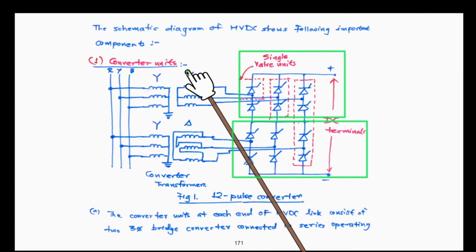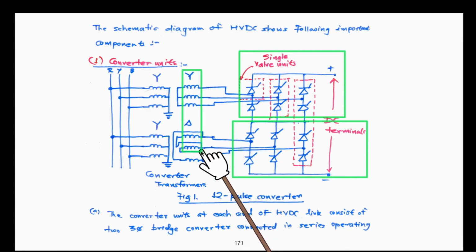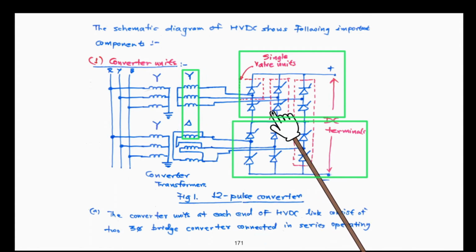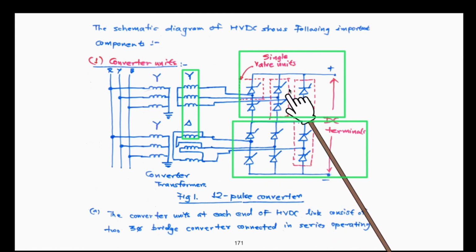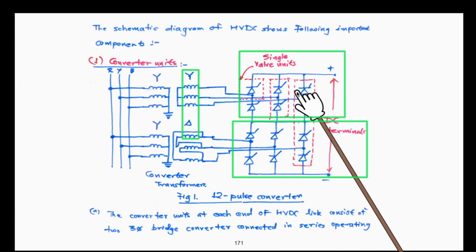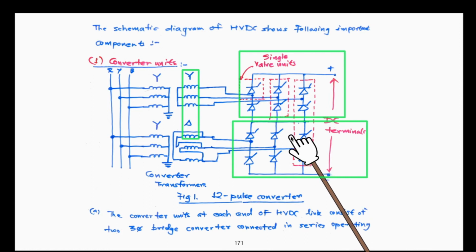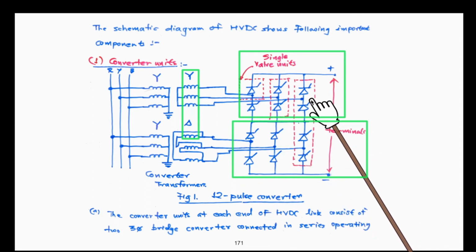So observe carefully that on the secondary side you have one as a star transformer output and the other is a delta connected transformer. This provides a 30-degree phase shift between the line voltages available to the two different three-phase converters. This provides a 30-degree phase shift for stable operation of 12 pulse operation of the converter.